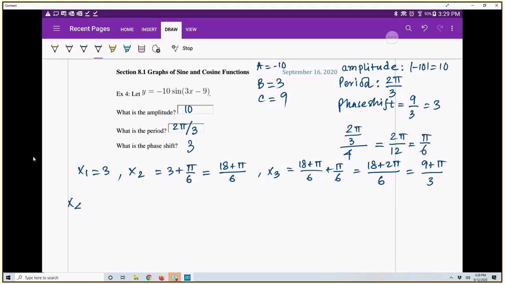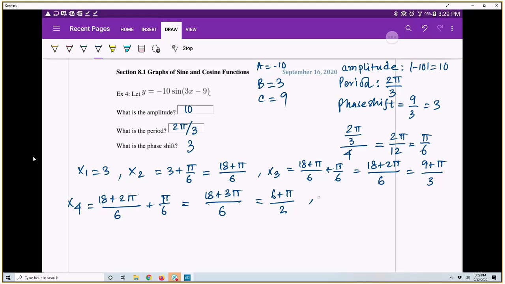But x4, I will use 18 plus 2 pi over 6 before I have simplified the value, just because it is easier to add. And that becomes 18 plus 3 pi over 6. So now you can divide top and bottom by 3, and you get 6 plus pi over 2.